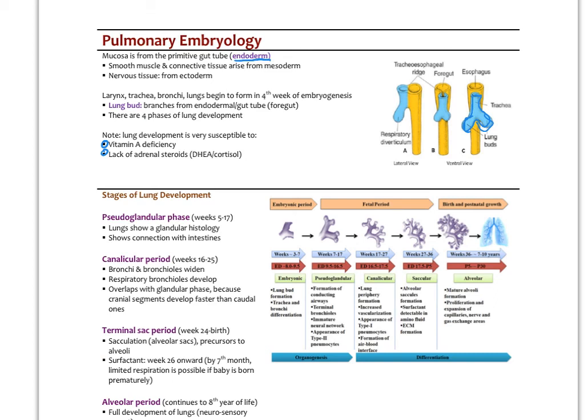Interestingly, vitamin A from the diet mostly comes from beta carotene. And beta carotene is actually two vitamin A's stuck together, and you need thyroid hormone to break that bond. So hypothyroidism can also contribute to lung issues here. So that is the general development.